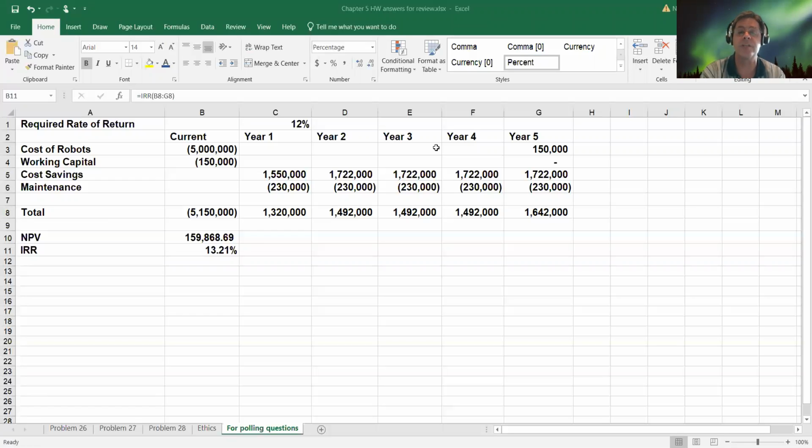What decision should RCT make? One more vote.